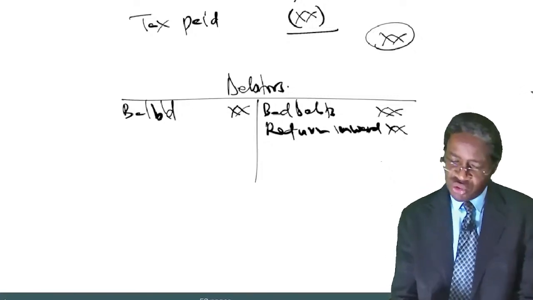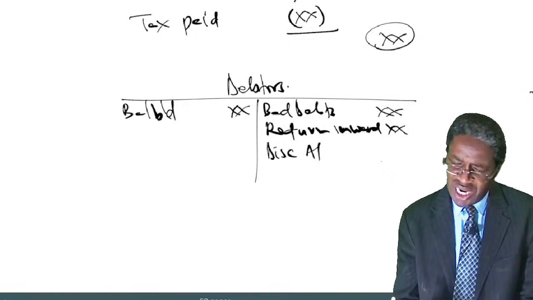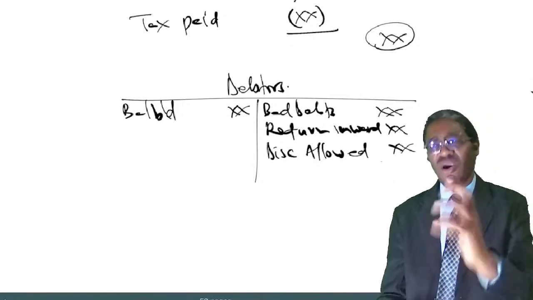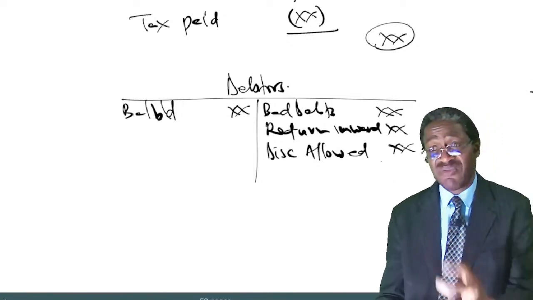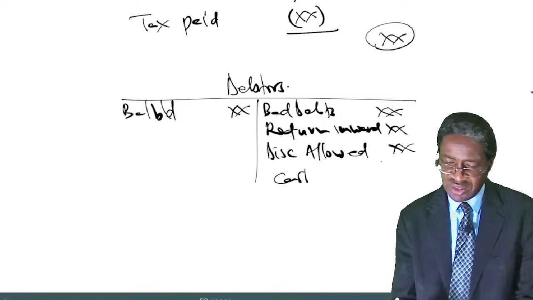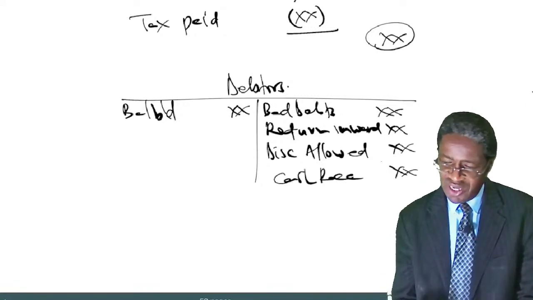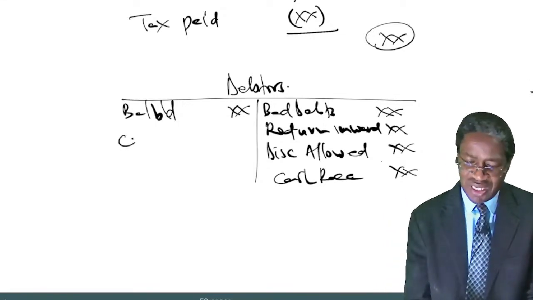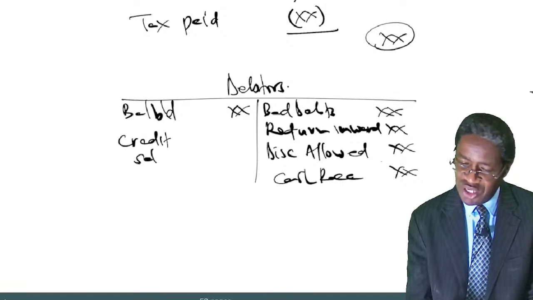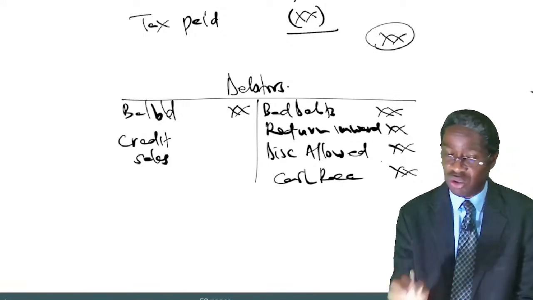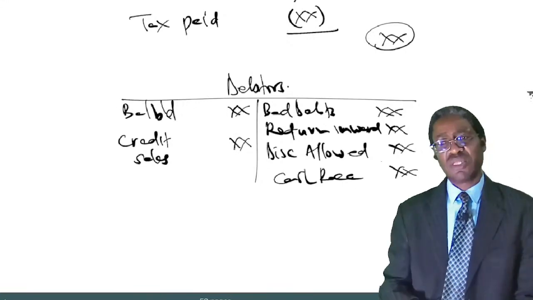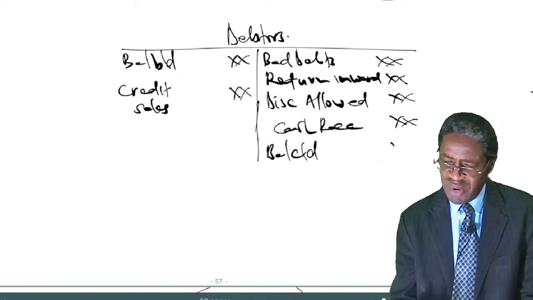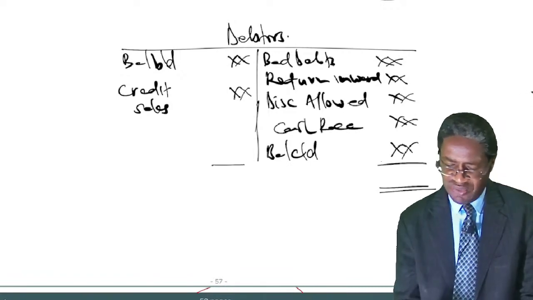You also know that any discount allowed to debtors, we normally credit. If there was any cash received from debtors, you used to credit. If there were any credit sales, you used to debit. I am reminding you how you used to prepare the debtors control account. Then from there, you used to get the balance carried down by the end of the year, whatever it is.